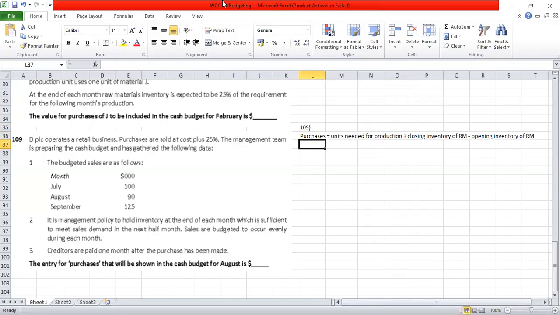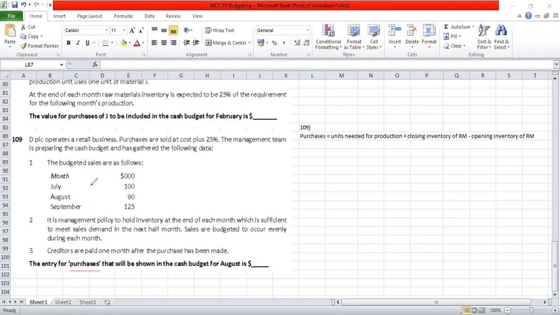What is the payment which has to be made for purchases? To know the purchases amount, we need to understand this equation. To know the purchases, we need to understand the units needed for production, the closing inventory of raw material, and the opening inventory of raw material. Purchases are sold at cost plus 25%.